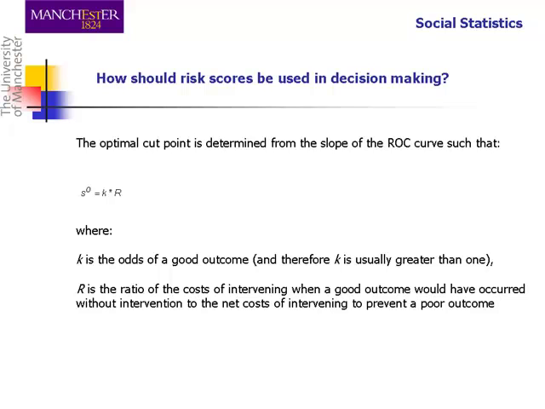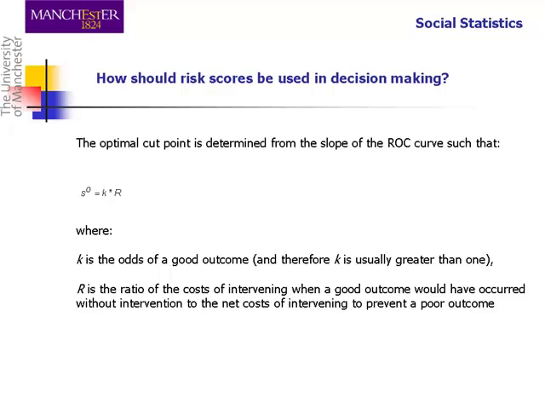And that's usually more than 1, because we're normally talking about outcomes which are relatively uncommon. And R, capital R, is the ratio of the costs of intervening when a good outcome would have occurred. In other words, you treat cases that didn't need to be treated, it's a cost.